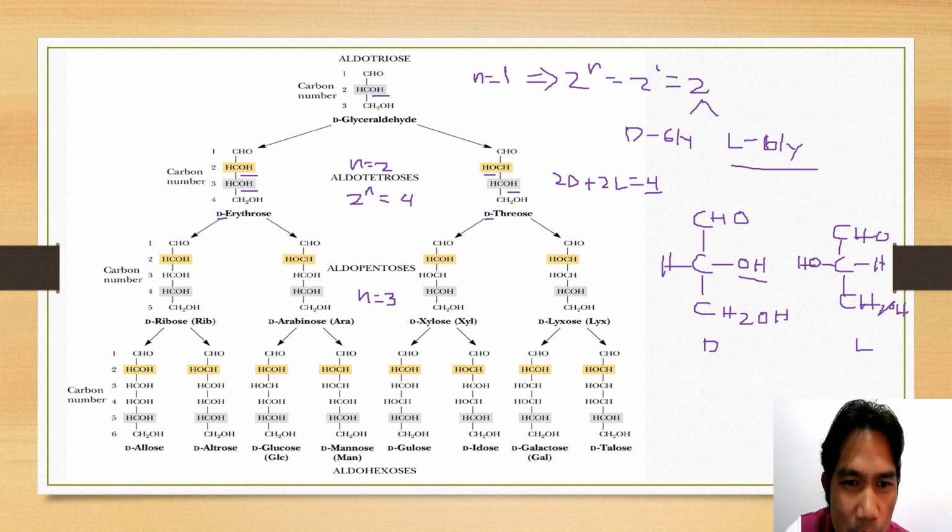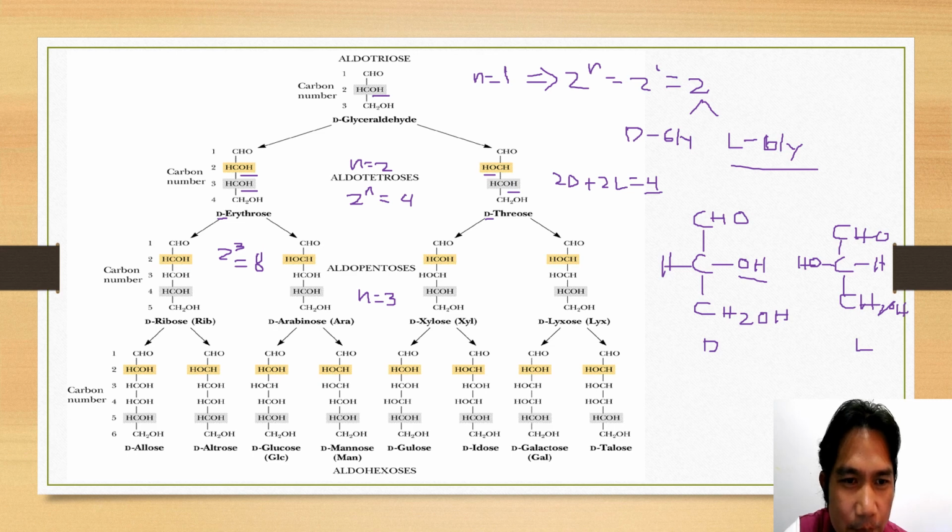They are carbon number 2, carbon 3, and carbon number 4. So if we put that in our equation, 2 raised to 3, if you recall, that would be 8. So the atoms of aldopentoses can be arranged into 8 different molecules.